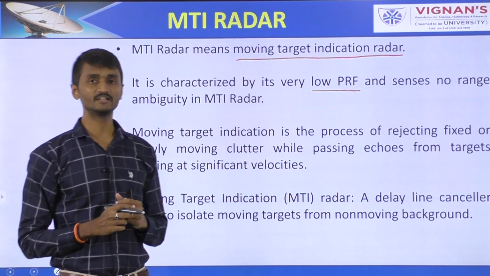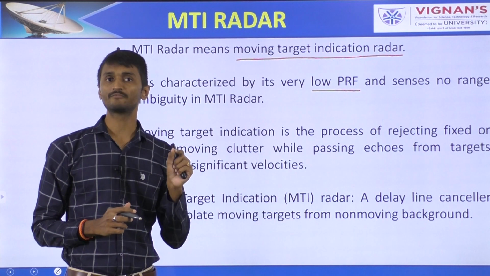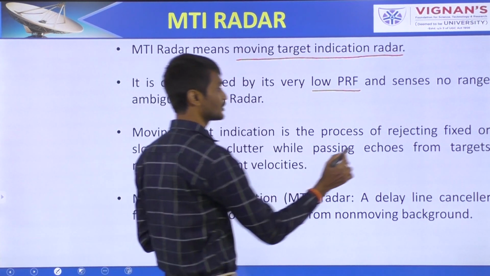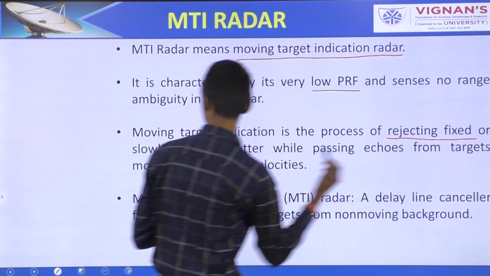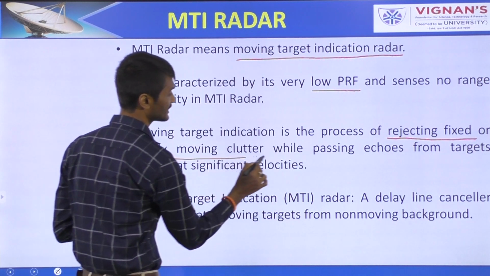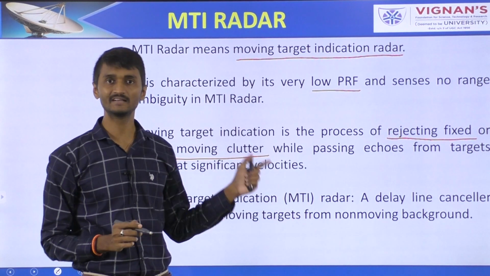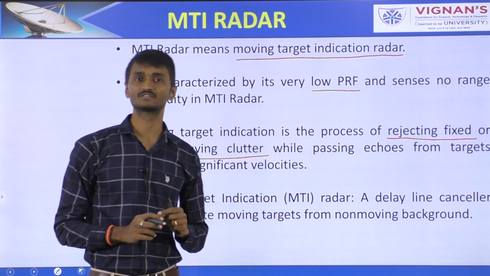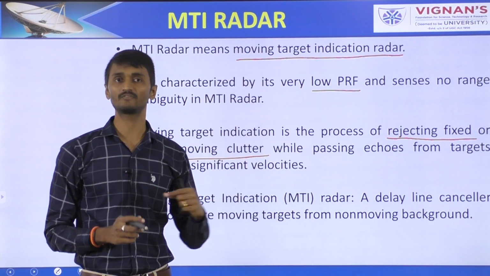Moving target indication is the process of rejecting the fixed or slowly moving clutter while passing echoes from targets moving at significant velocities.